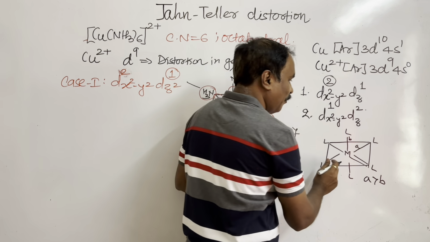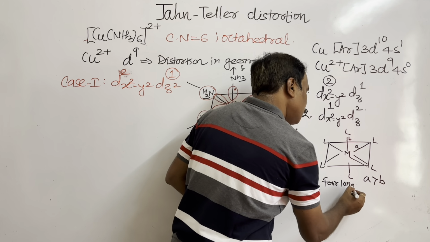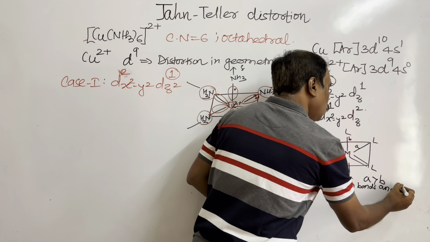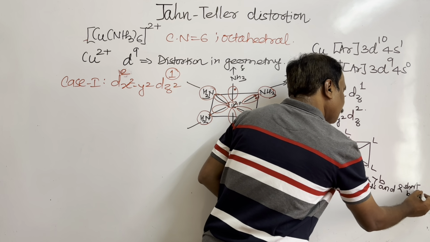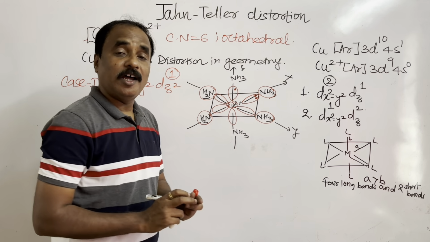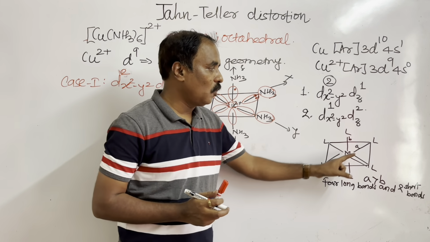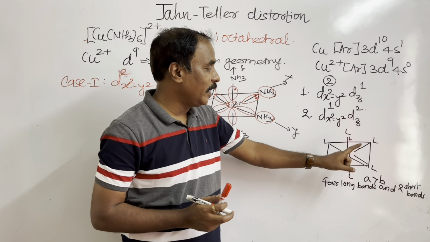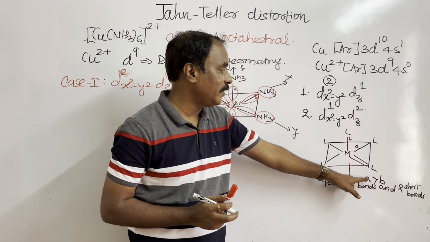So here there is formation of 4 long bonds and 2 short bonds. When the unpaired electron is present in dz square, there is formation of 4 long bonds and two short bonds. The bond length of equatorial bonds is greater than that of B.